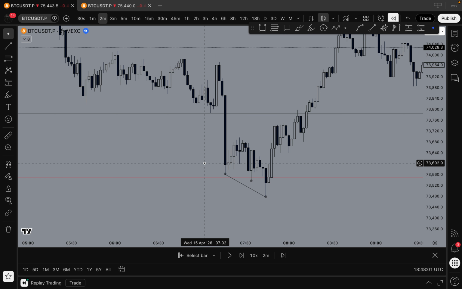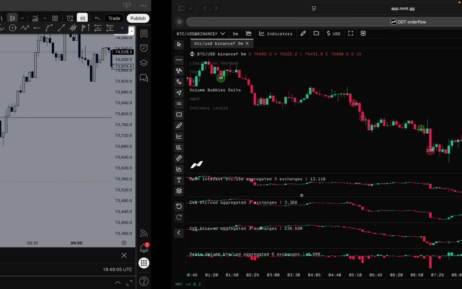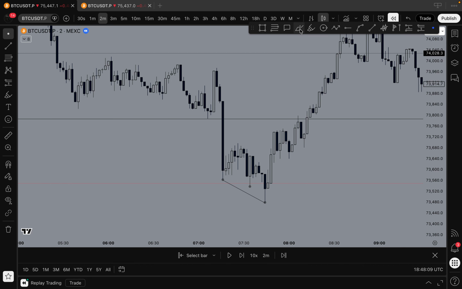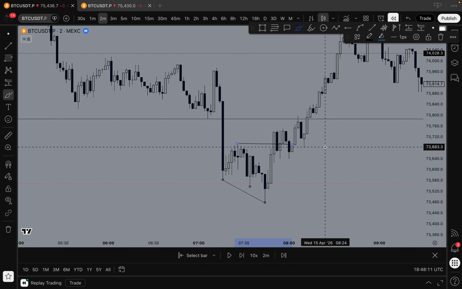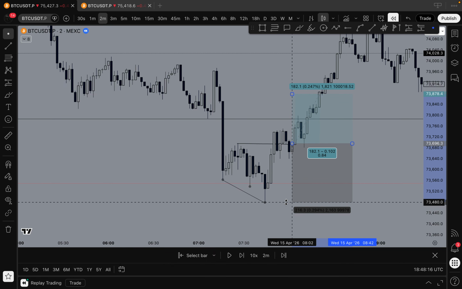This is the most simple way to look at it, the 3 drive is absorption compared to this. So then here we broke back to bullish. This was where I longed. Stop can go below your third tap.